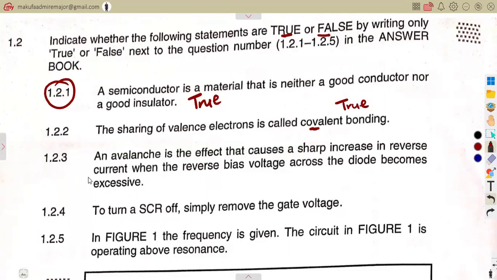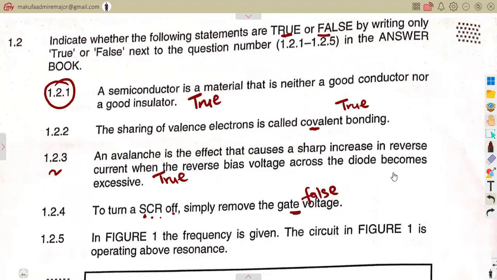We talked about this. Avalanche is the effect that causes a sharp increase in reverse current when the reverse bias voltage across the diode becomes excessive. This is also true. To turn a silicon controlled rectifier off, simply remove the gate voltage. No, this is false. We talk of the current there.